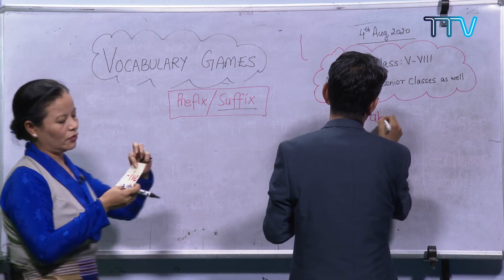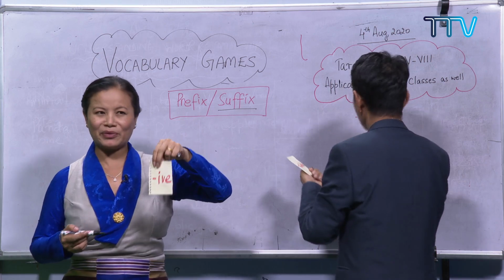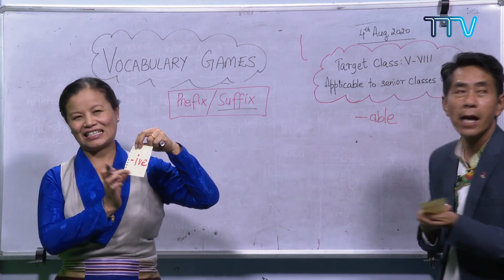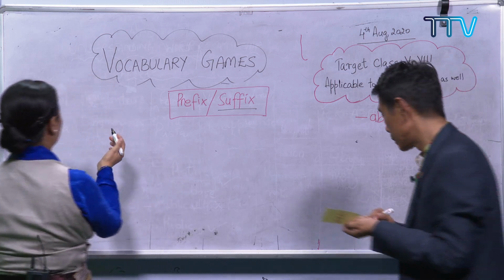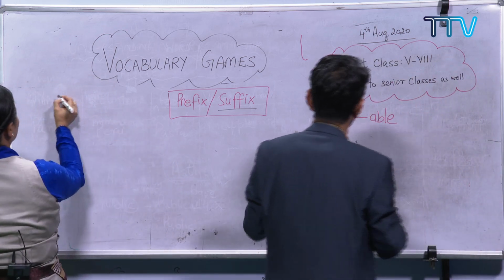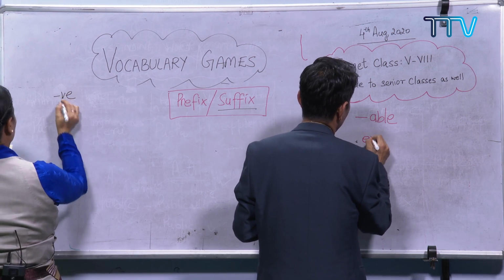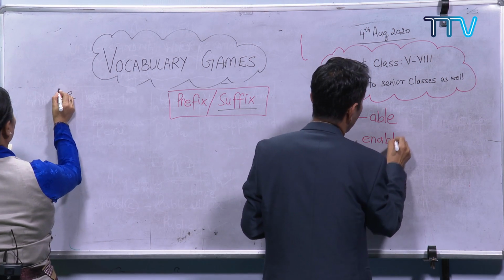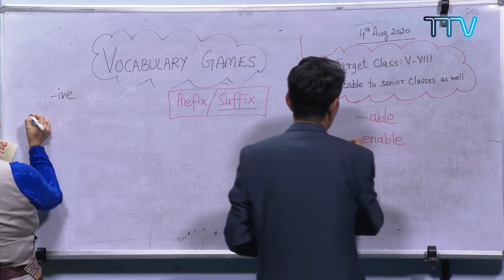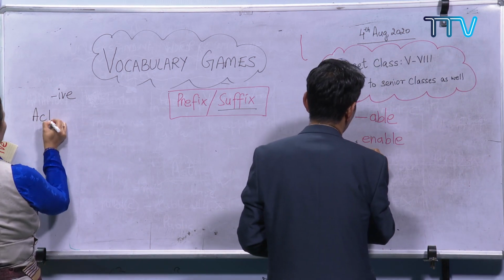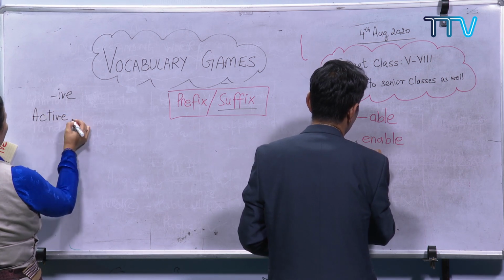Mine is IVE, so I'll be writing all the words I can remember or think of that end with IVE. That is a suffix, IVE. Okay, let's start. The suffix is IVE. I'll begin with active.